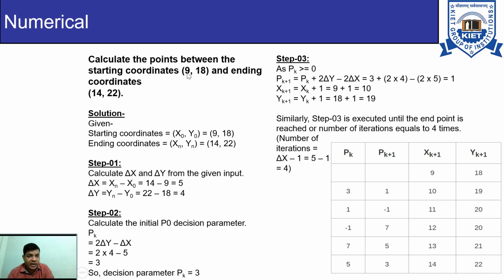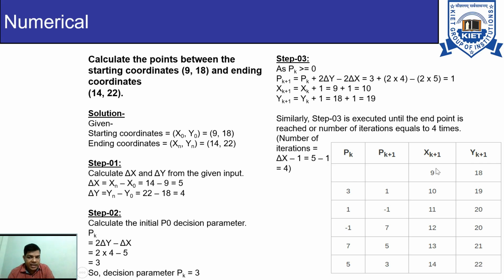So the initial value of y is 18 and the next value of y is 19. Okay, then in the next case we can see that the next value of pixel parameter is 1, so again we have to increment the value of y. In this case the pixel parameter is having negative value, so don't change the value of y. In this the pixel parameter is positive, then we have to increment the value of y. Again it is more than 0, again we have to increment the value of y.